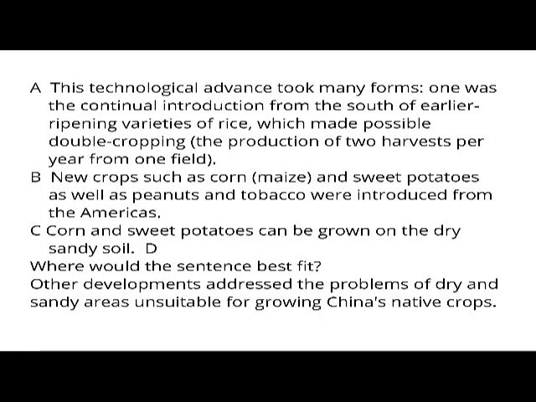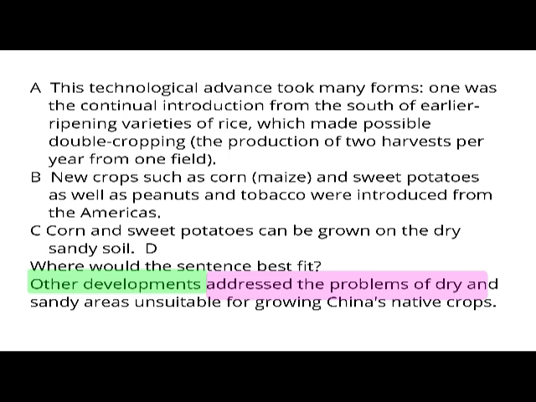The sentence provides 2 clues. One is "other developments." So the sentence preceding the target sentence must be talking about some type of development. The target does not provide any specific information about development we can look for. The other clue is that the other developments relate to farming in dry and sandy areas.